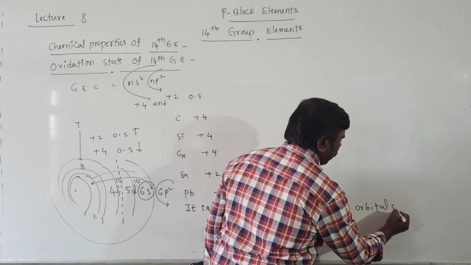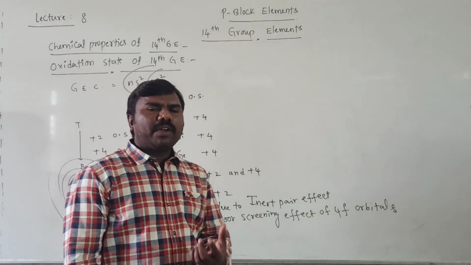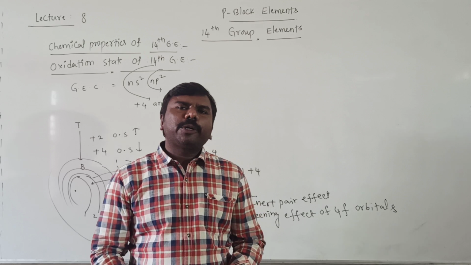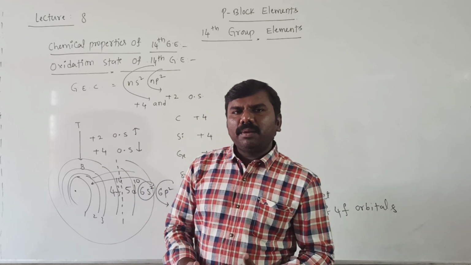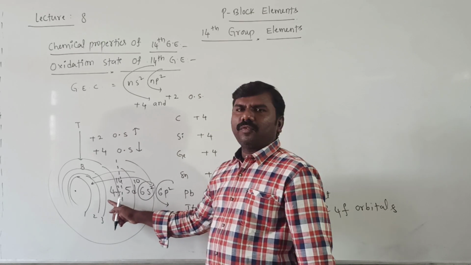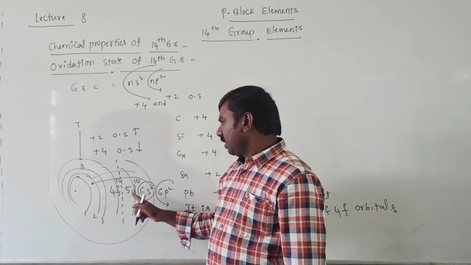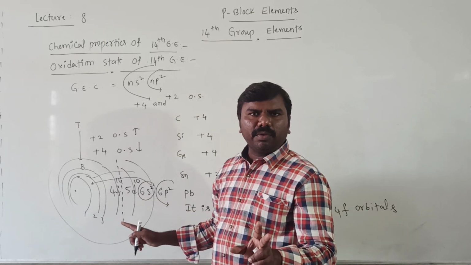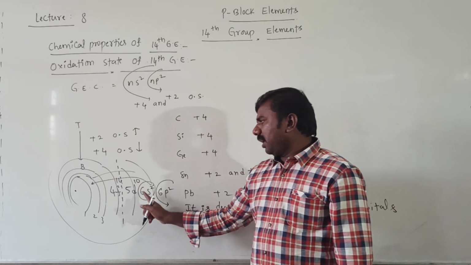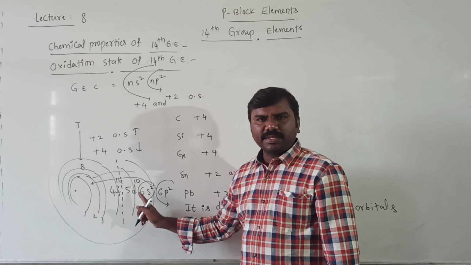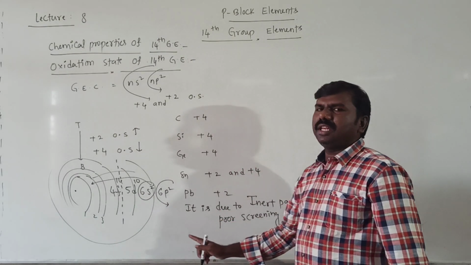We can observe the inert pair effect only in the bottom elements but not in the top elements. Bottom elements have f orbitals with poor screening effect. The s electrons are not involved in bond formation, that is named inert. Pair means 2 electrons of s. So that effect is called the inert pair effect.